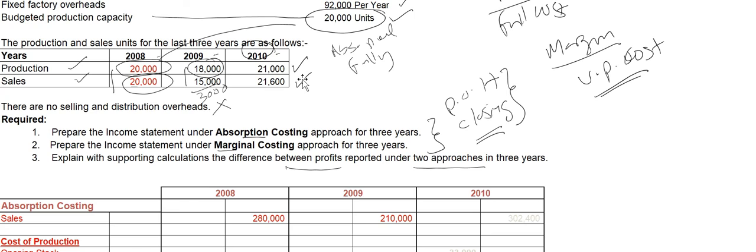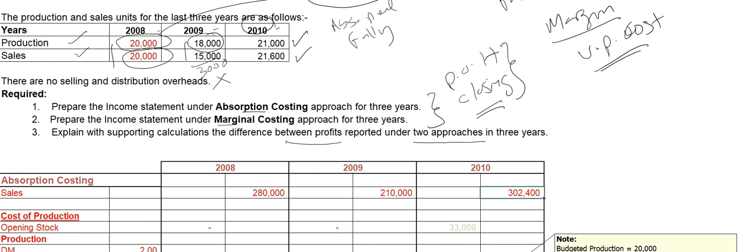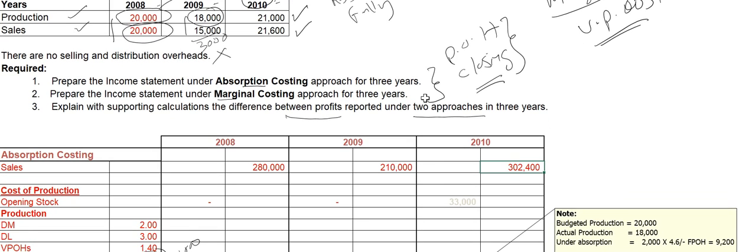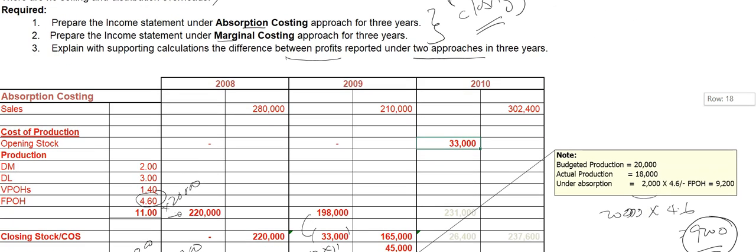2010, how much is the sales? 21,600. 21,600 into 14, again selling price, 302,400. And what is your opening stock? In 2009 there was a closing stock, so that will be your opening stock, which is 33,000. We already calculated 3,000 times the full cost, 11 per unit.